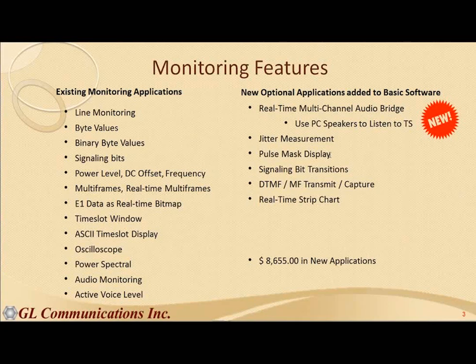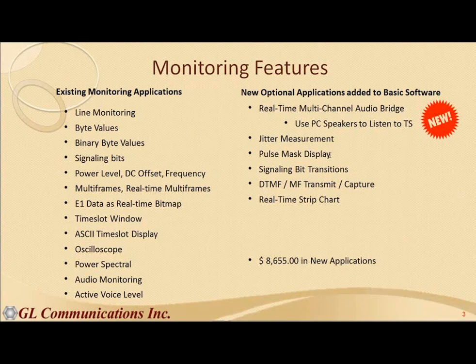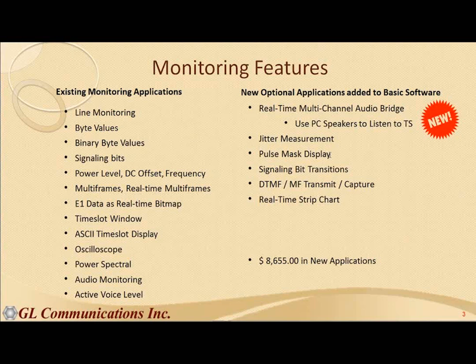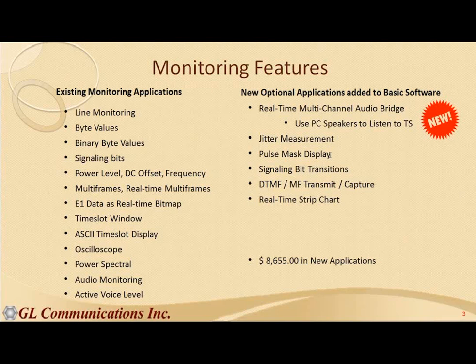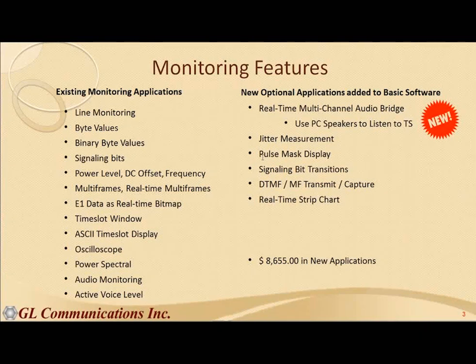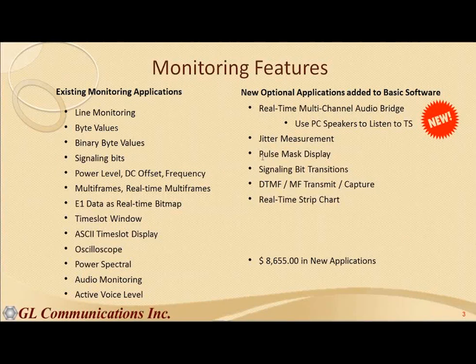As you know, both T1 and E1 are electrical signals. They can be multiplexed into fiber and coax and so on, but inherently coming out of a piece of T1 equipment is an electrical signal. That electrical signal means that it's a pulse. So a 1 could be a positive pulse or a negative pulse, and it has to be a certain duration and a certain format.